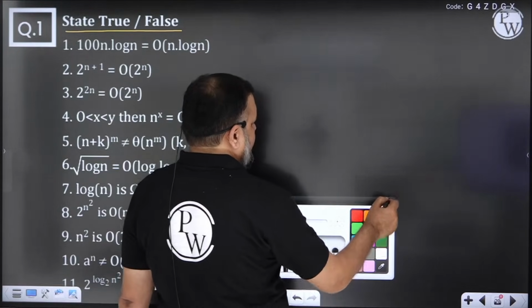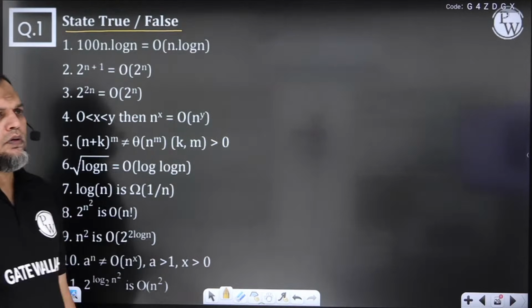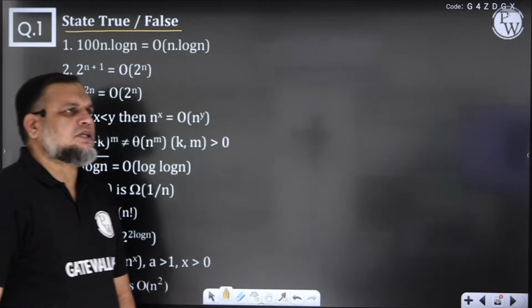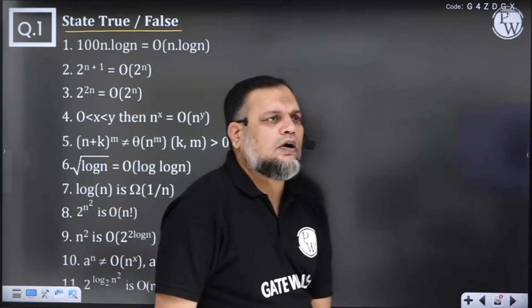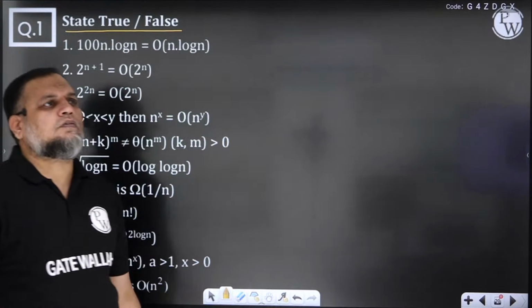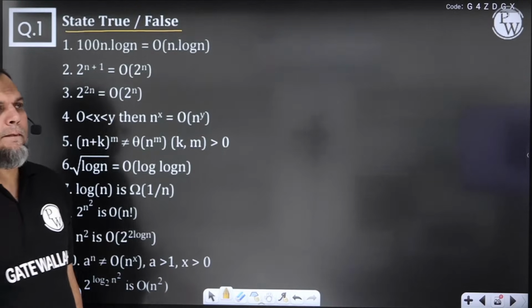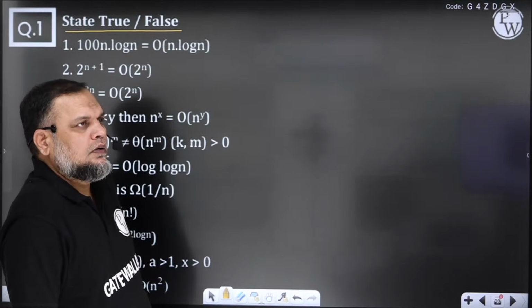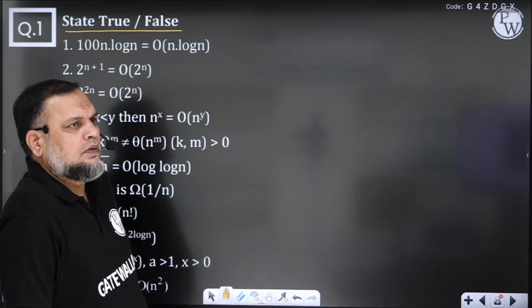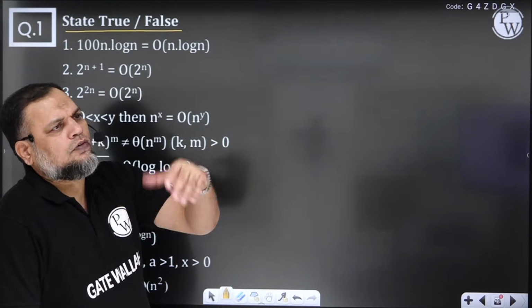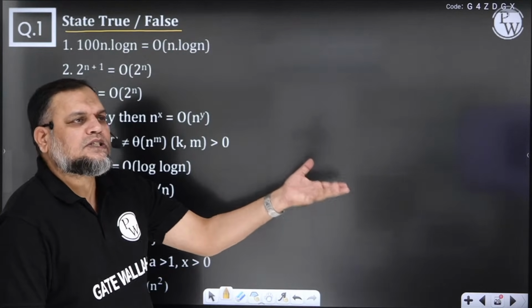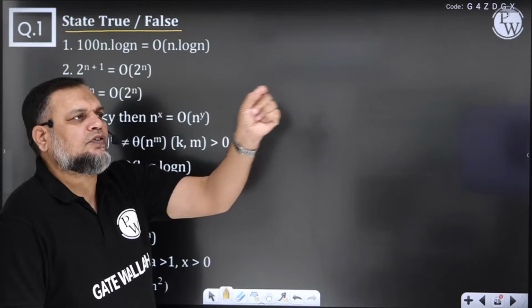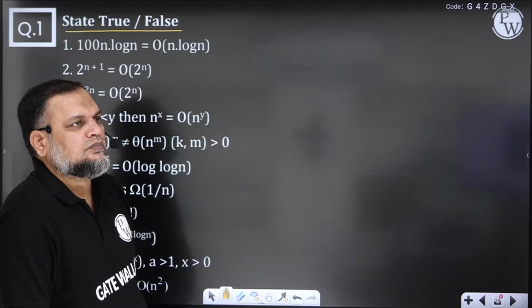Put all your answers. Some questions are given as which among the following is true or which among them is false, with 4 options. You have to pick the correct one or the incorrect one. Let me do this: either write which of them are true, like 1 2 3 4 5 are true, 6 7 8 are false, or write only the numbers that are false, and we will see.